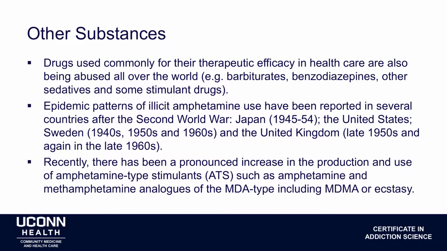Epidemic patterns of illicit amphetamine use have been reported in a number of countries since the Second World War. In Japan in the 1950s, in the United States and Sweden in the 50s and 60s, in the United Kingdom in the 1960s.